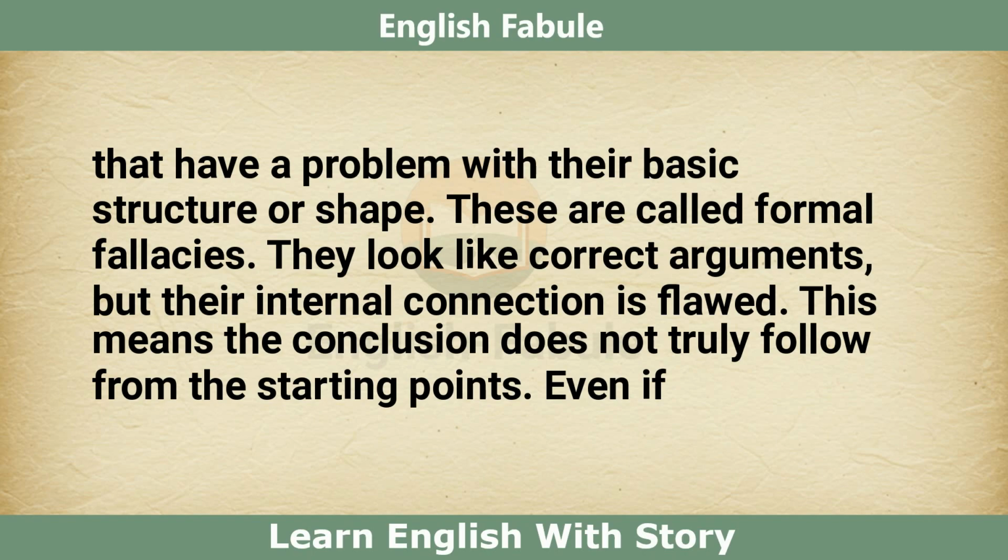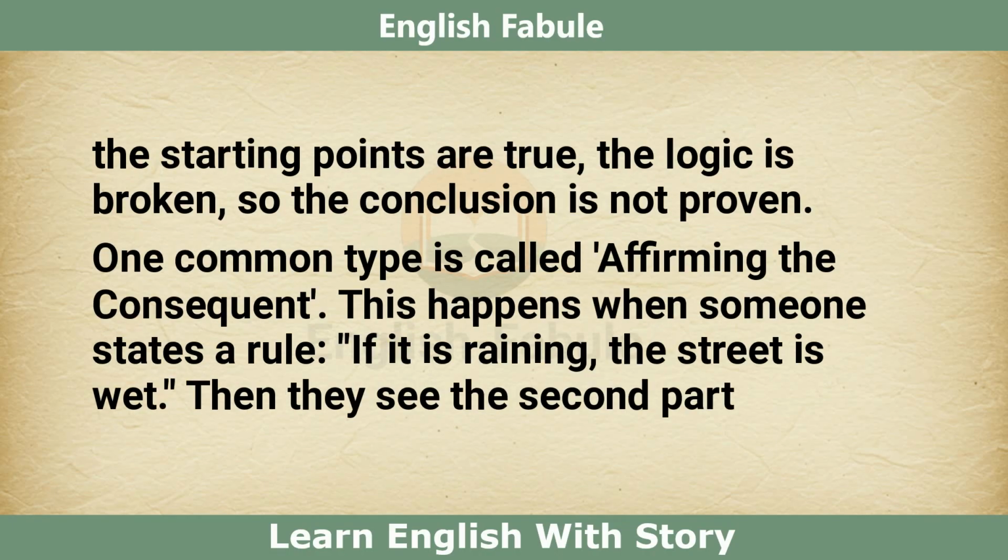These are called formal fallacies. They look like correct arguments, but their internal connection is flawed. This means the conclusion does not truly follow from the starting points. Even if the starting points are true, the logic is broken, so the conclusion is not proven.